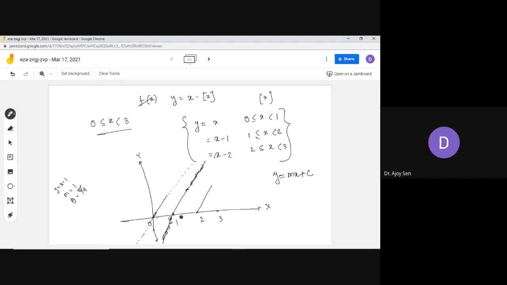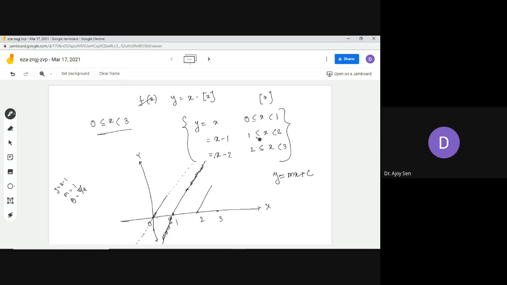You see, you have some parallel straight lines. You just draw those straight lines and only take those parts which are relevant to you, meaning the region in which that part is defined.